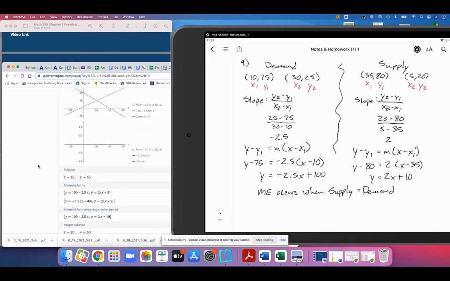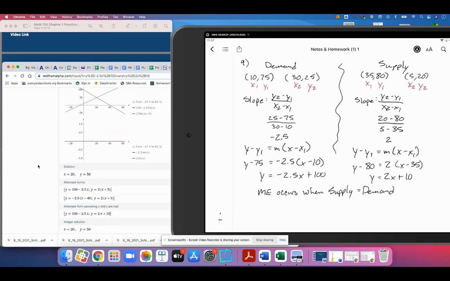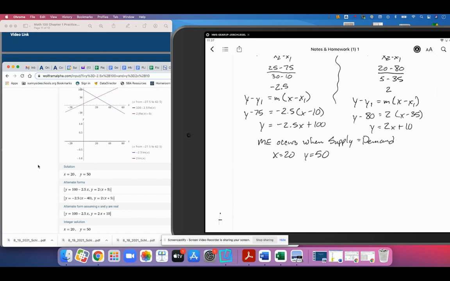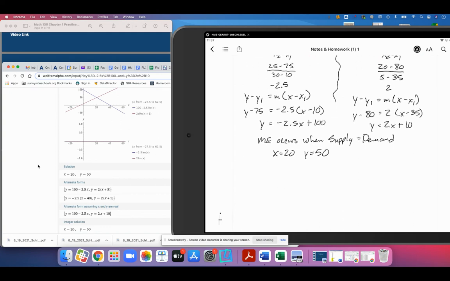We end up with x is 20 and y is 50. So again, x is always the number of the product, or how many, and y is always the price. And so in this case, for this shoe manufacturer, they should produce and sell 20 pairs of shoes at a price of $50 per pair.